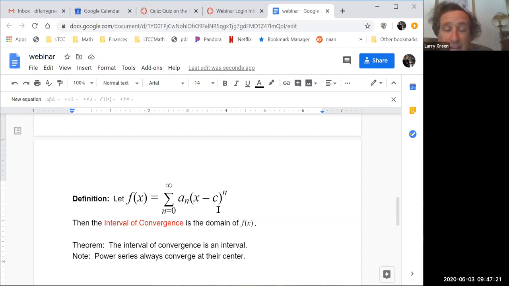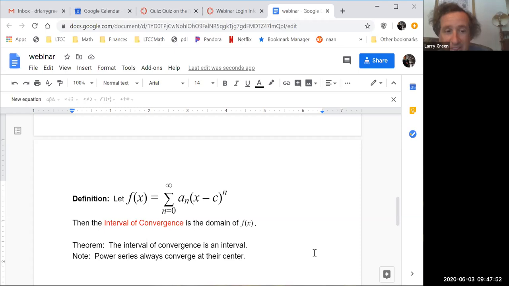Then you always get a sub 0, and that's it. So that converges. A sub 0, and then all the rest are zeros. Does that make sense? Because 0 to the first is 0, 0 to the second is 0, 0 to the third is 0. You always get 0, except for the first one. Remember, 0 to the 0, we're calling 1. So power series always converge at their center. And then the question is, where else do they converge? And it's going to be an interval.